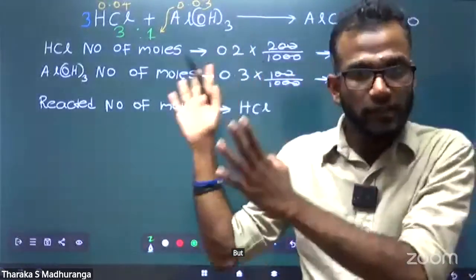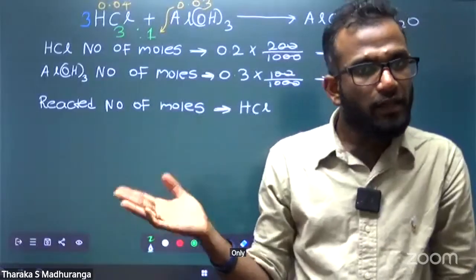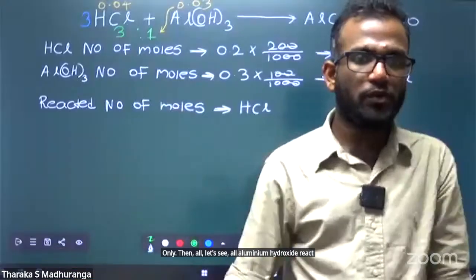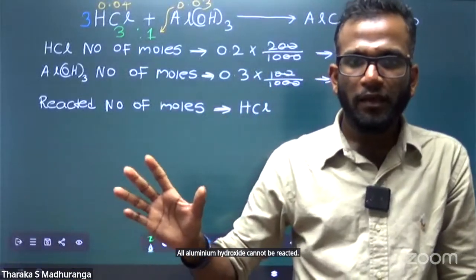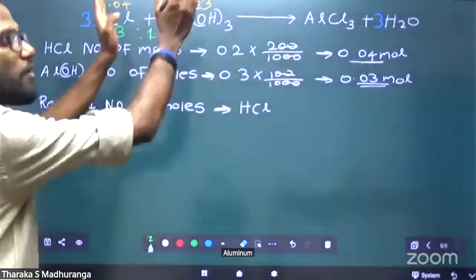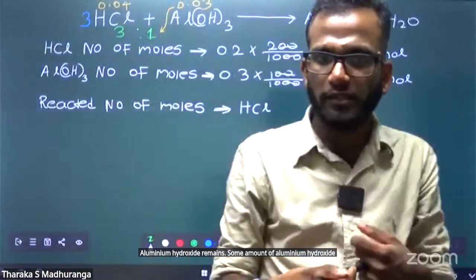But HCl available is 0.04 only. Then can all aluminium hydroxide react? No. All aluminium hydroxide cannot react. Now you can decide that some amount of aluminium hydroxide remains in this reaction.